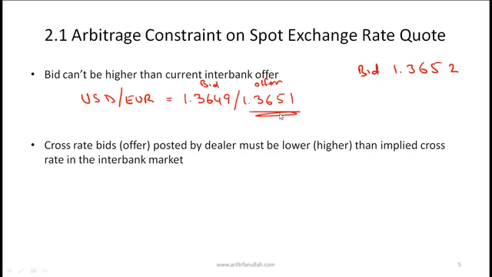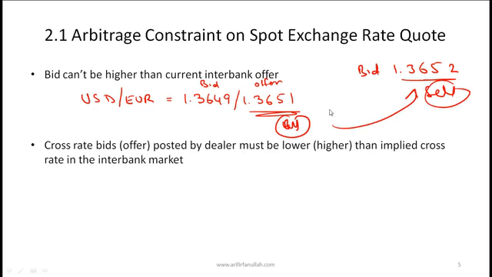So a third party can buy at this rate and then sell at this rate. Bid over here means that a dealer is willing to buy at this rate. So the third party, making an arbitrage profit here, is going to buy at this rate and then sell at this rate.